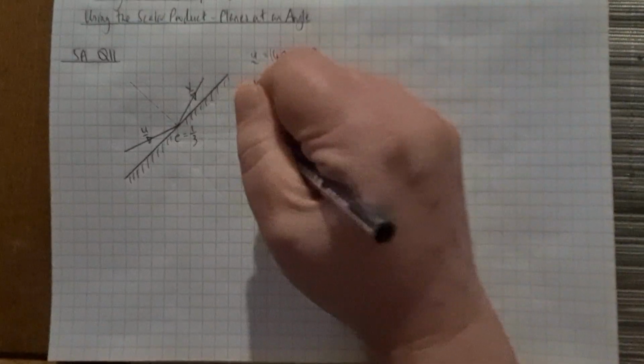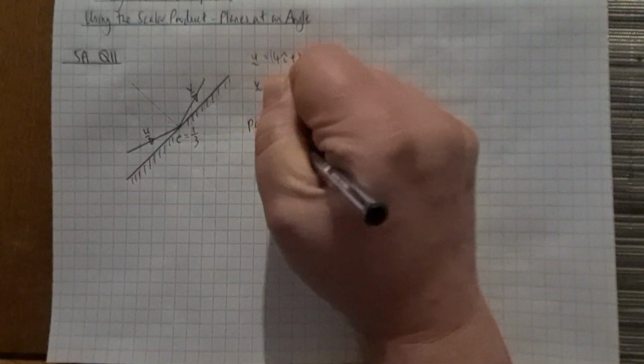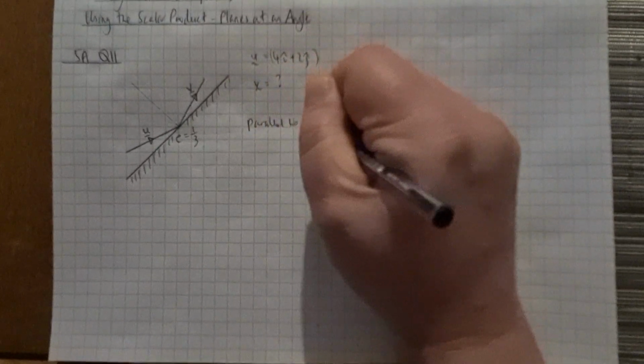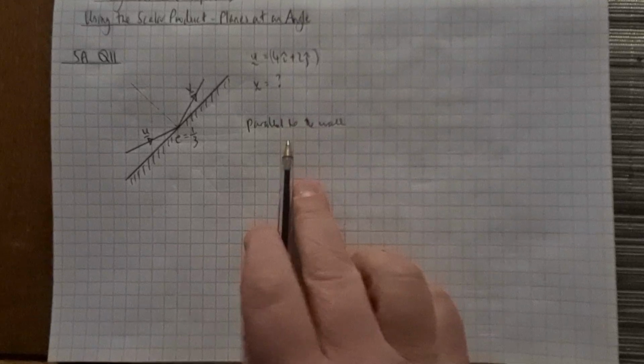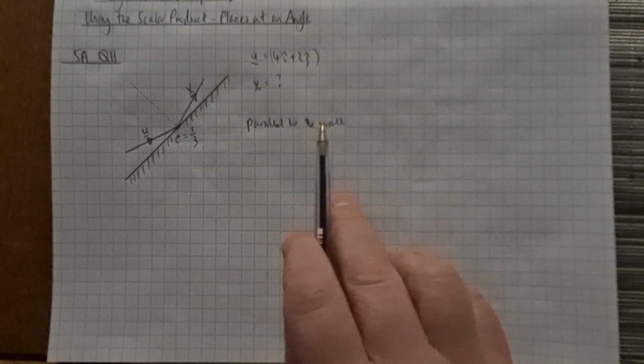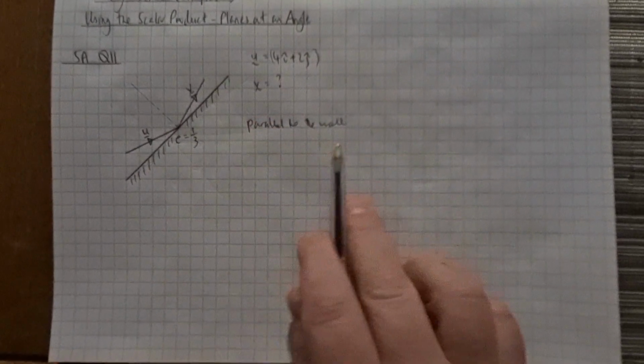So here we need to use our scalar product to answer these questions. First of all, we've got to find out what's going on parallel to the wall. This time it's not as easy because the wall isn't vertical or horizontal. It's actually at an angle, the line y equals x.